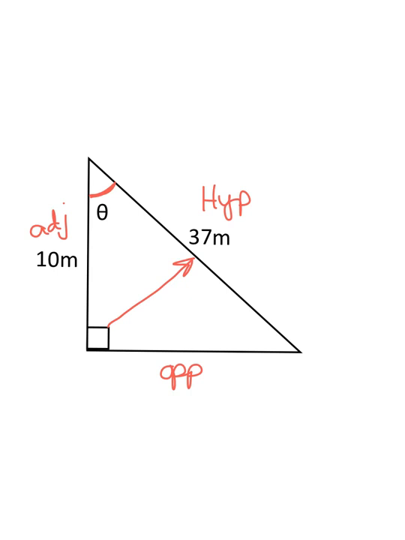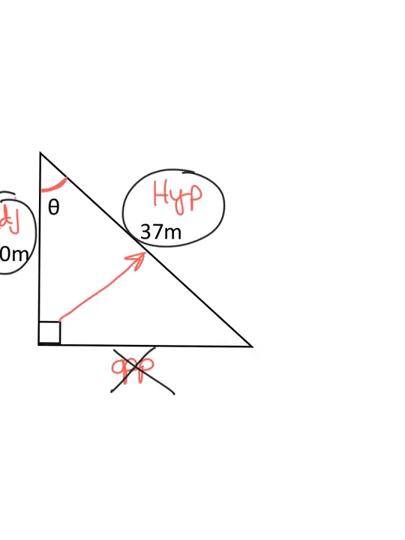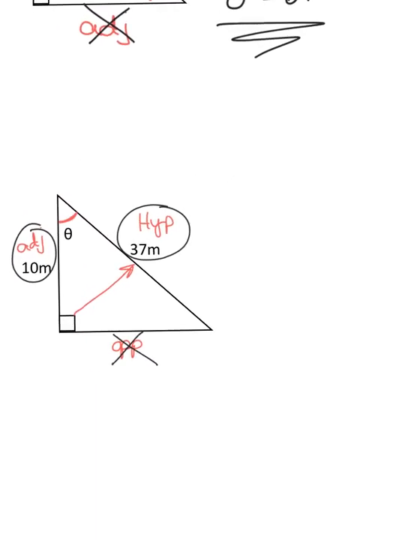So I have hypotenuse and adjacent, and I don't have the opposite. So I need to pick a trig ratio that has adjacent and hypotenuse, and that's going to be my cosine ratio. So cos theta is adjacent over hypotenuse.